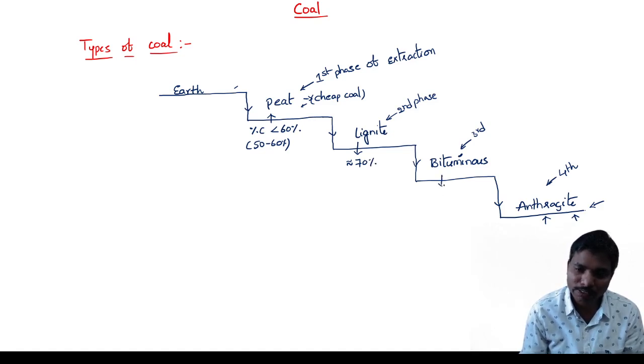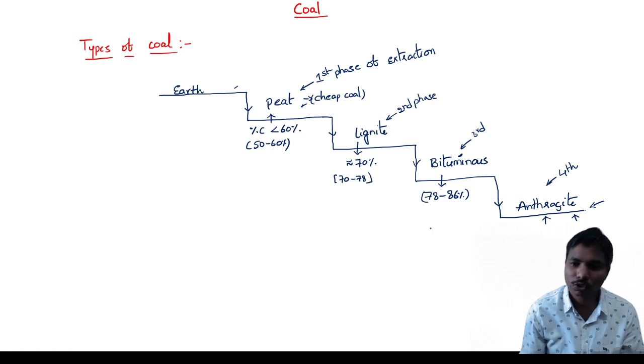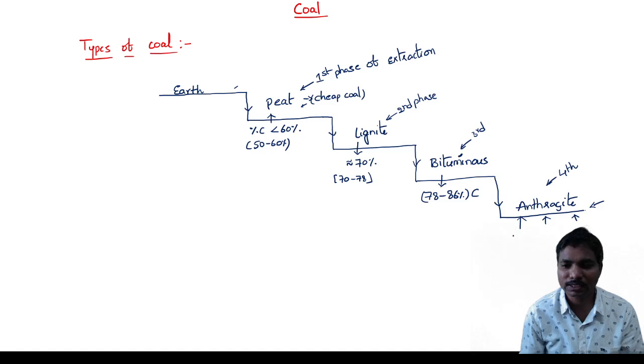Bituminous is in the order of 78 to 86 percent carbon. Anthracite is more than 86, nearly 94 to 98 percent carbon.